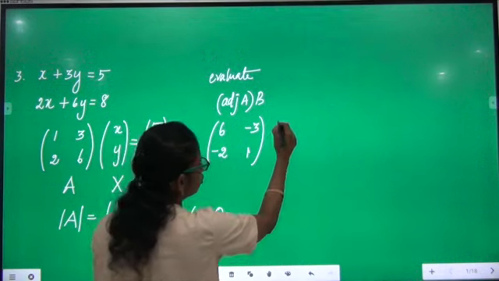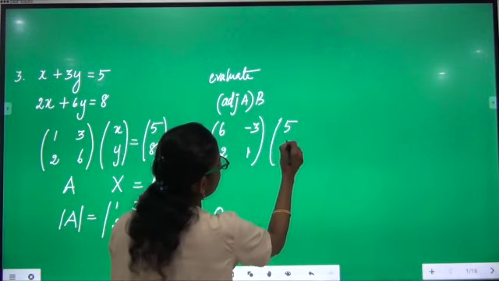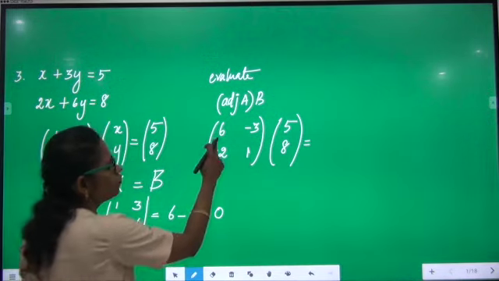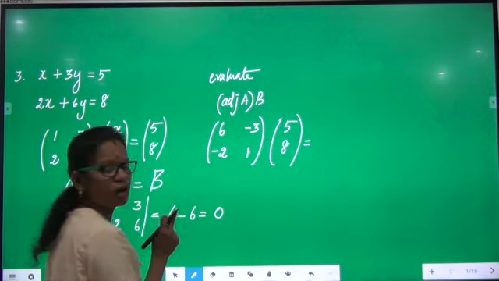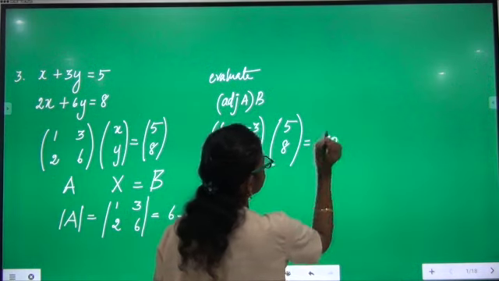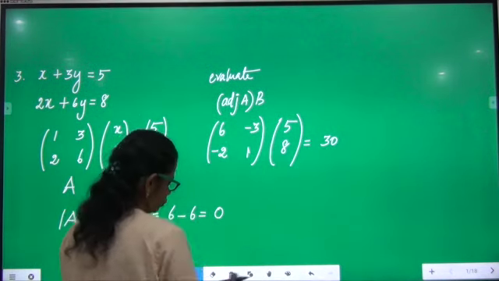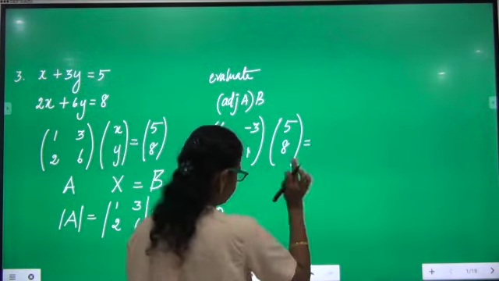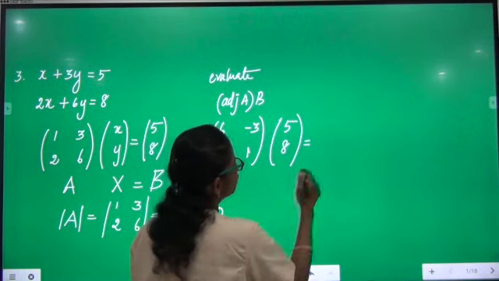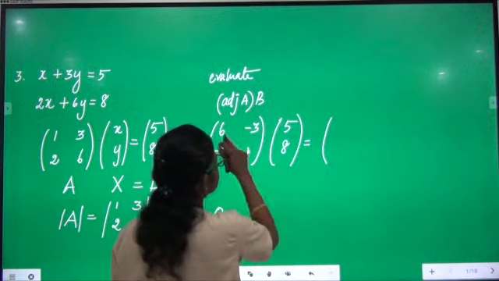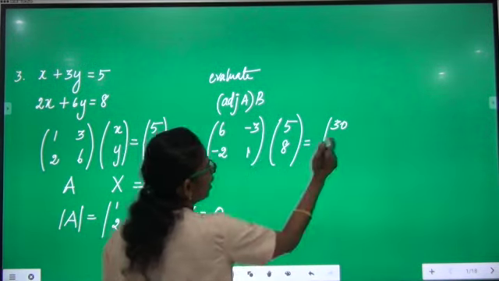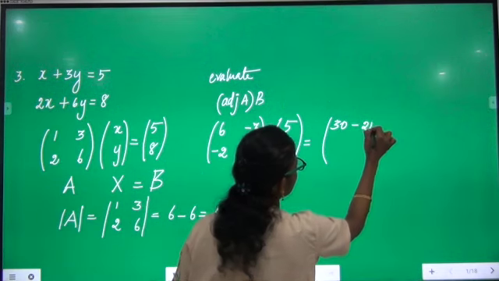5, 8. Okay. You are going to multiply. First row, first column. Right. 6 fives are 30, minus 24.